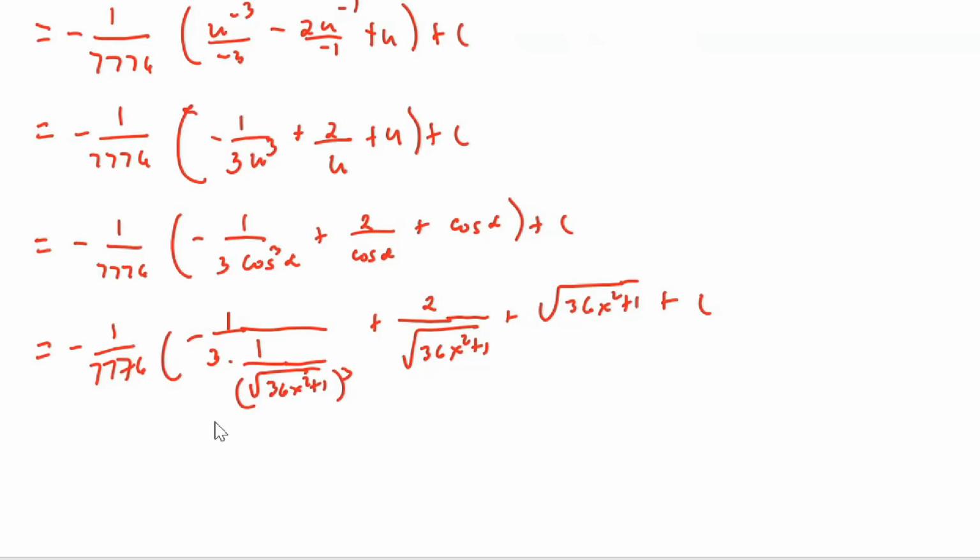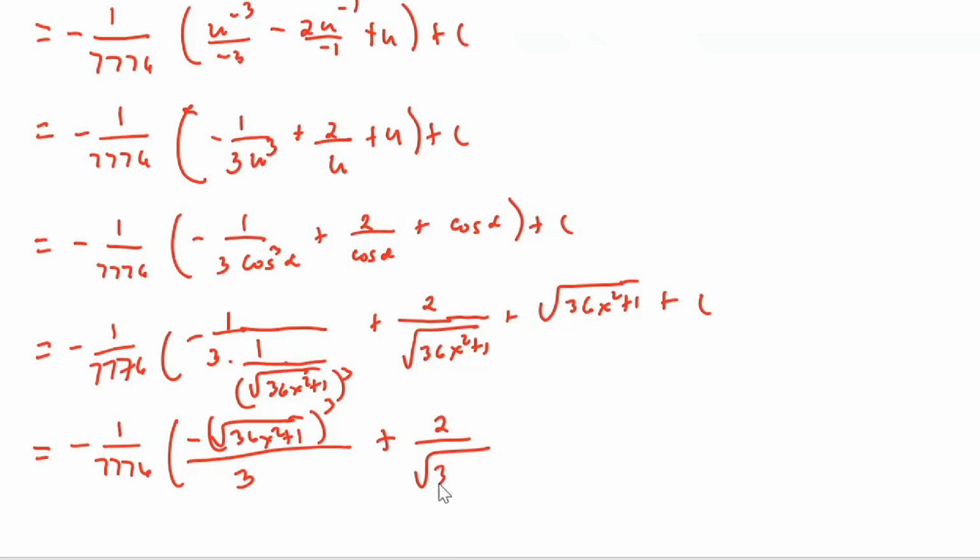So simplifying this further, we have negative 1 over 7,776 times the negative of square root of 36x squared plus 1, raised to the power of 3 over 3, plus 2 over the square root of 36x squared plus 1 plus the square root of 36x squared plus 1 plus a constant.